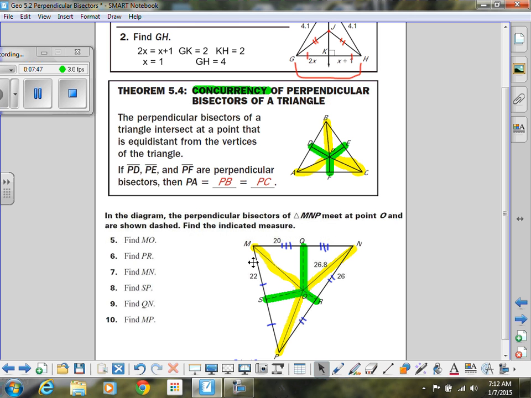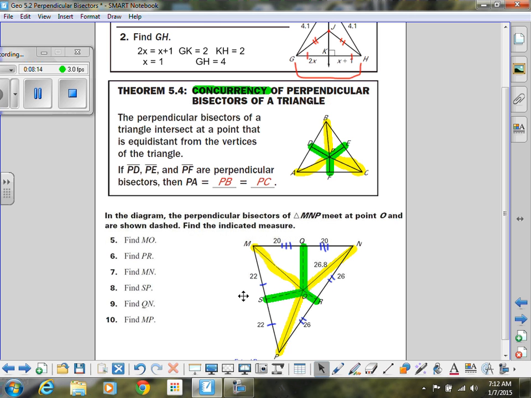We said MS is equal to SP, so then I know that that's also 22. Same thing over here. We said NR is the same length as PR. So let's label that 26. And MQ is the same length as NQ. So let's label that 20.